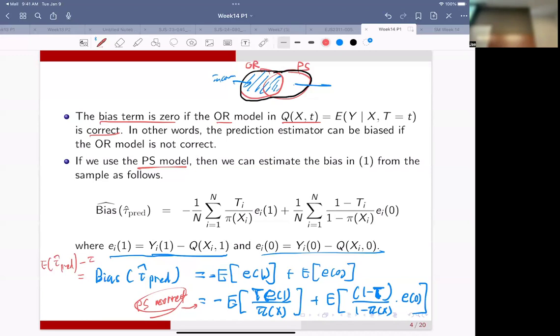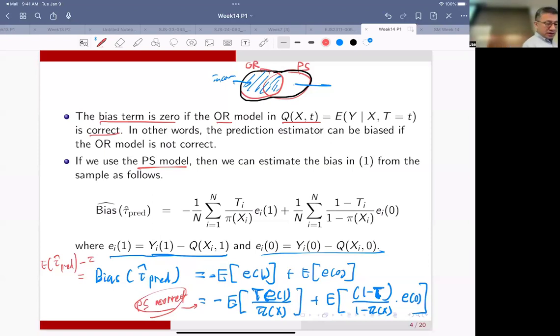But the parameter itself is an expectation of something, so the corresponding estimator is just a sample version of the expectation. So that's why we use this. This is a population expectation, and all we have to do is replace this expectation by the sample version, the sample mean. I mean the finite population mean. Same thing here, right?